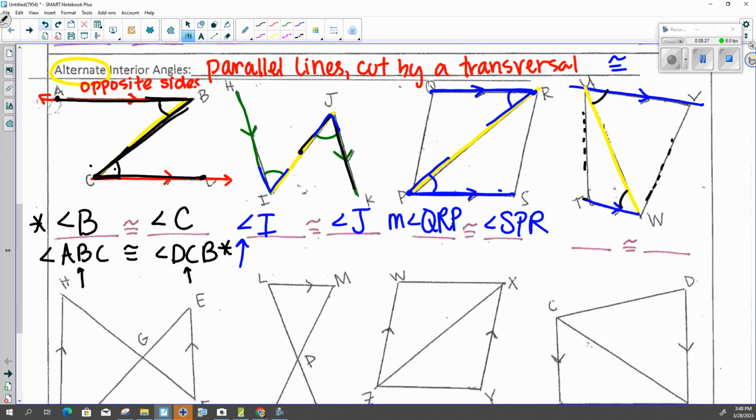We have to have a parallel line and a transversal creating the angle. Okay, so now that we have them marked, push pause again and write your congruence statement. Oh my goodness, write the congruence statement.